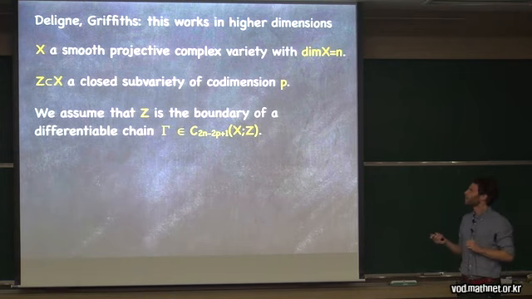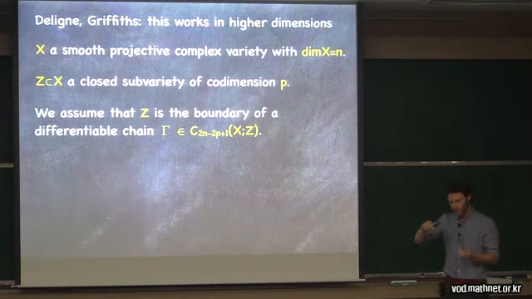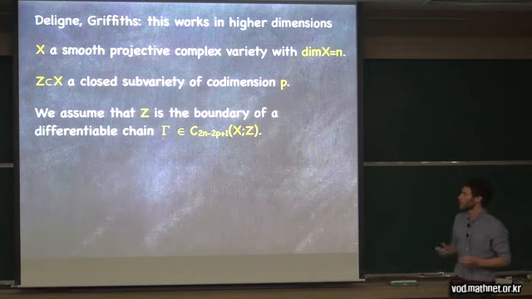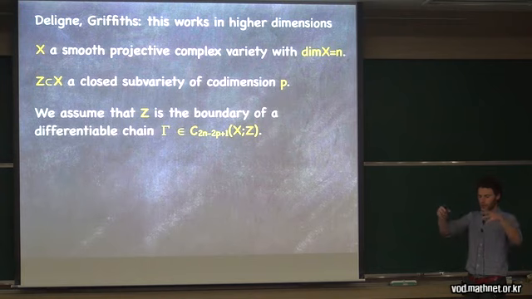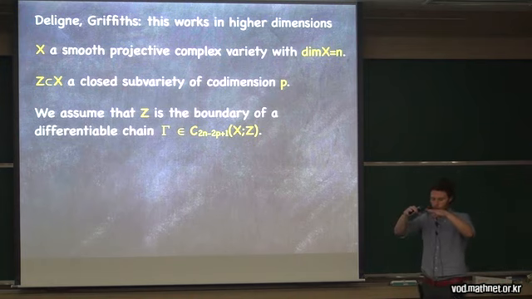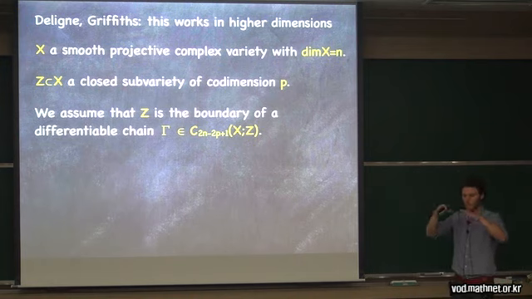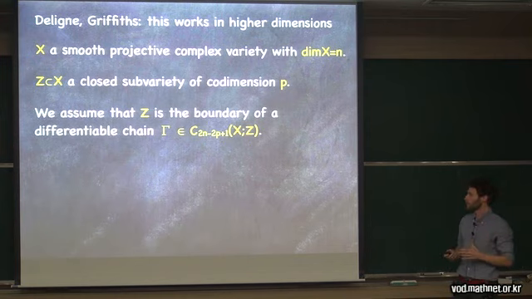Okay, so now before we had always a pair of points, and we could connect them by a path. That was the assumption we made to be able to calculate these integrals. Now the analogy for this is we have the subvariety, and we consider it as the boundary of some slightly higher-dimensional differentiable chain, or some other manifold or geometric object one dimension higher, and Z is just the boundary of that thing.